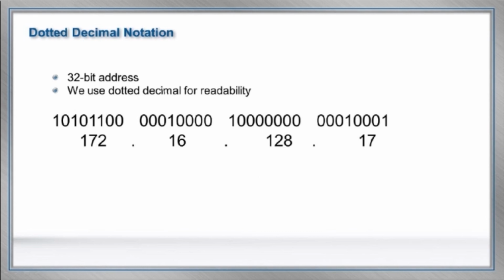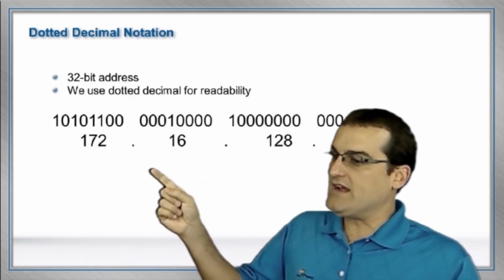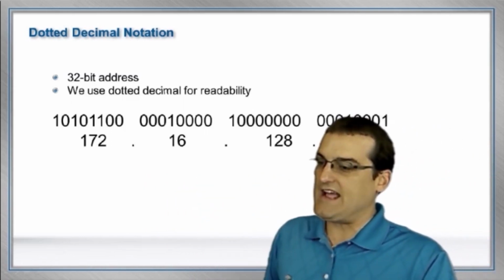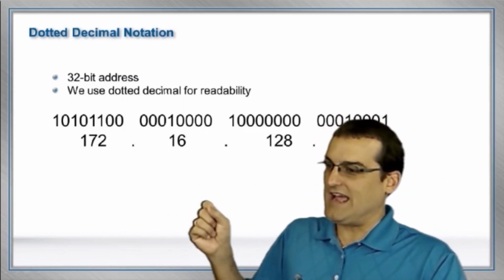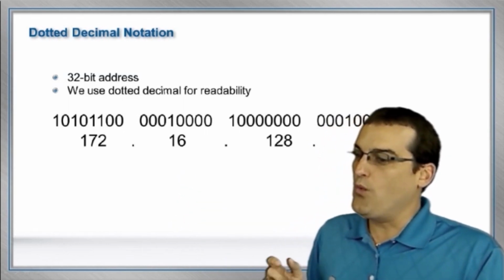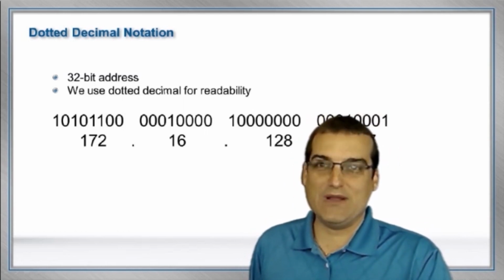Now, when you look at the IPv4 address, we discover that it is made up of 32 bits. We break up these 32 bits into 4 octets. We call it an octet because it contains 8 bits. So we see an address for human readability.